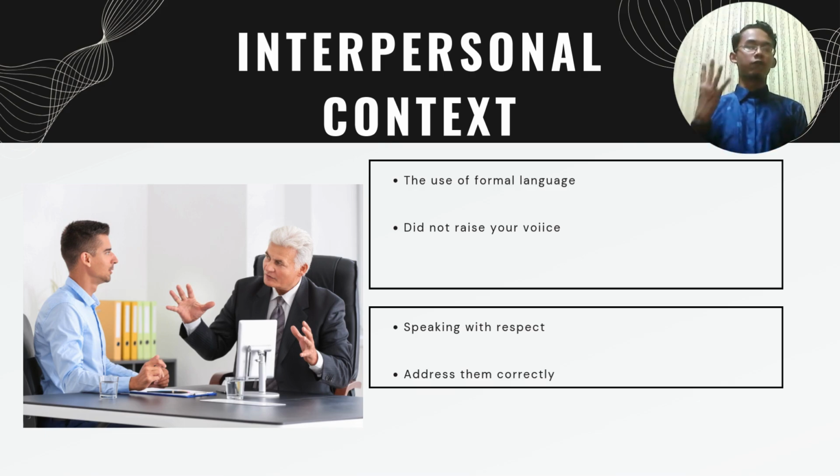And so based on the four major points of context, the setting is in the boss's office room in the morning, in the afternoon, or in the evening. And then the participants are the worker and his boss. And then the topic may be regarding the worker's promotion, maybe a new project discussion, maybe the worker wants to address some problems that he has.